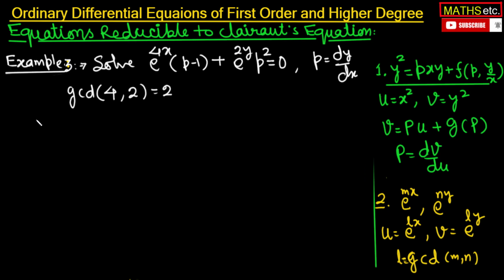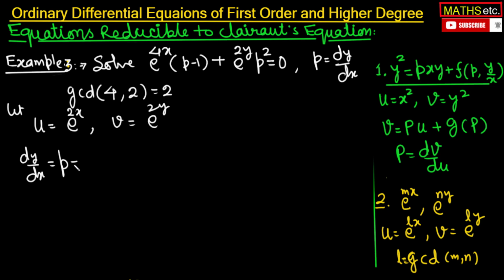So our substitution will be, let u equal e raised to the power 2x and v equal e raised to the power 2y. Let us see what will be our dy by dx, which we are denoting by small p.